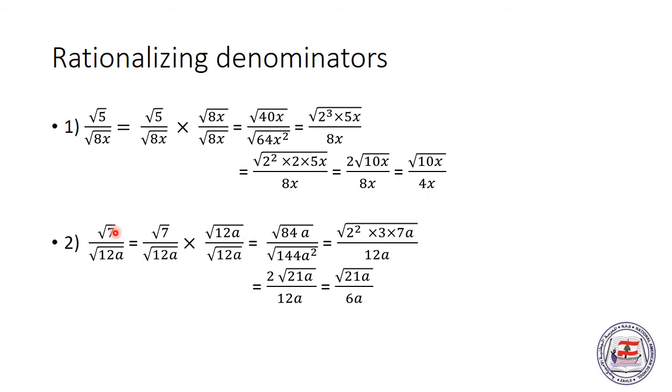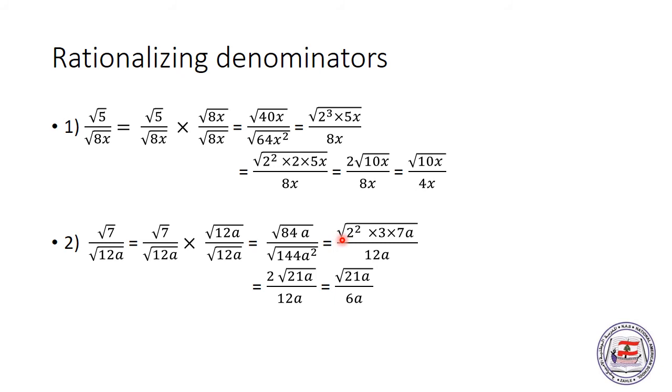And number 2, radical 7 over radical 12a. Since the fraction is irreducible, we need to write it without the radical in the denominator. So we directly multiply the numerator and the denominator by radical 12a. Doing this, we get radical 84a over radical 144a squared. 144 is the perfect square of 12, so the reduced form is 12a.